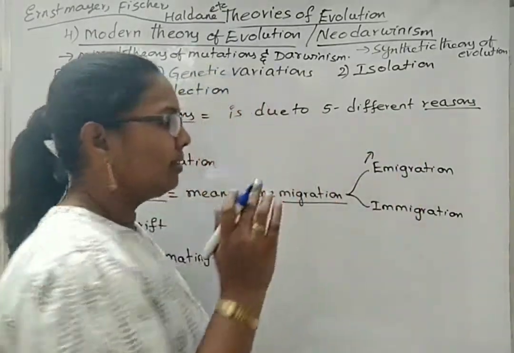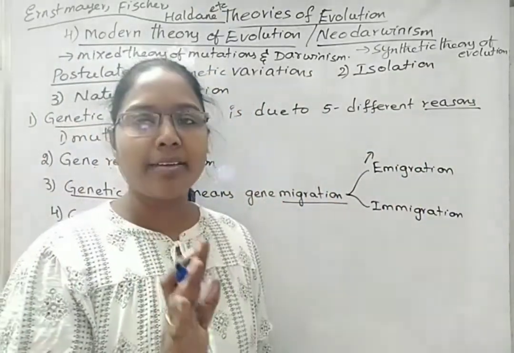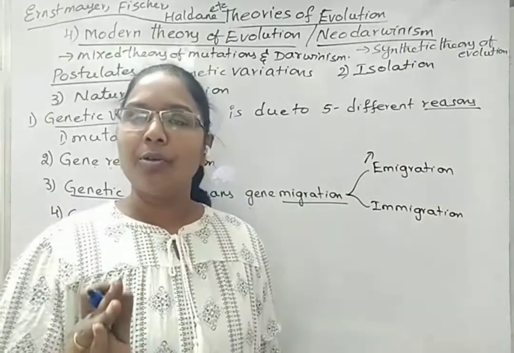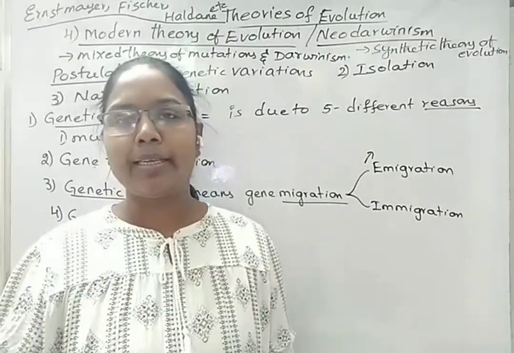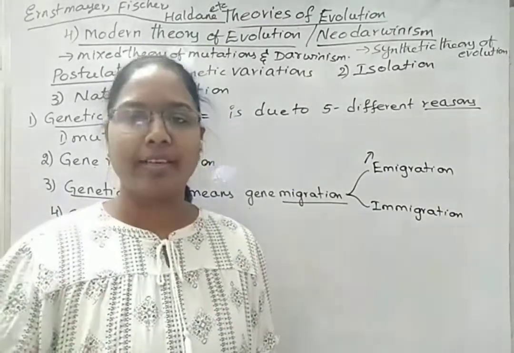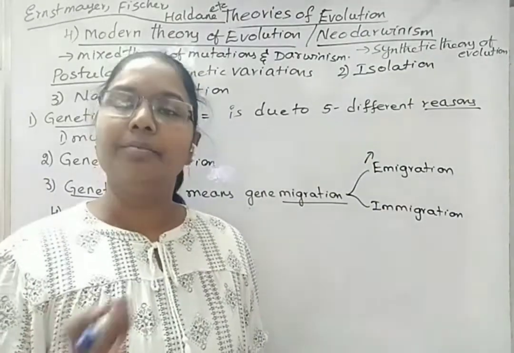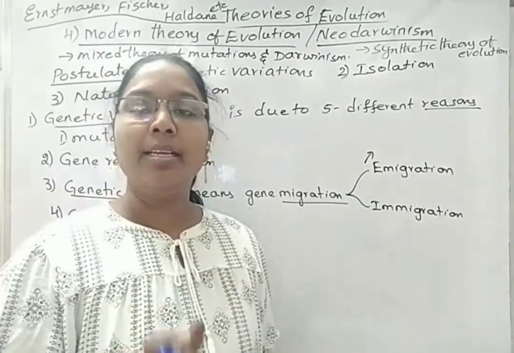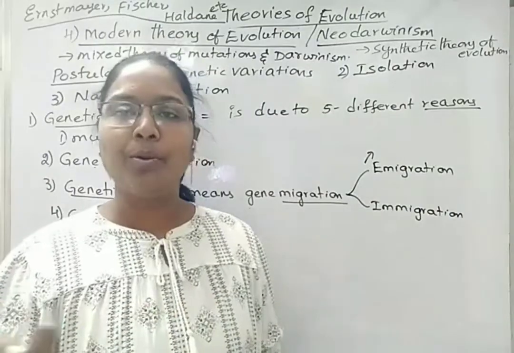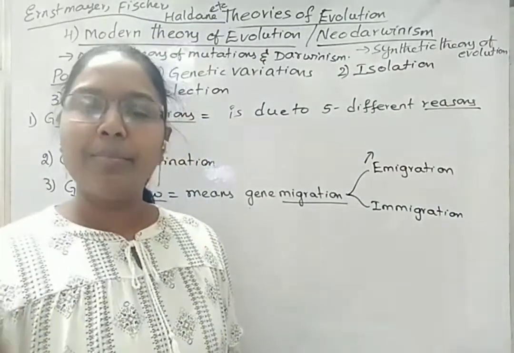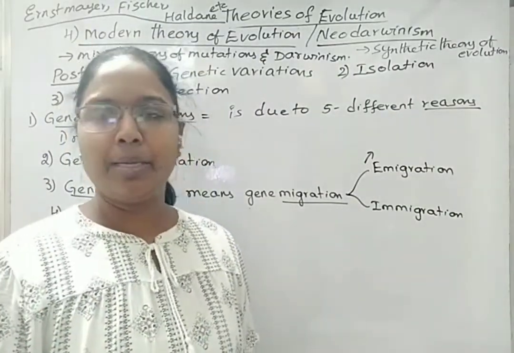Think that there are 100 people, out of which 20 have migrated to some other area for their next work, then 80 will remain here. It means that the gene pool has changed from 100 to 80 there.